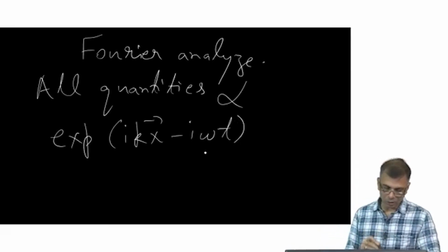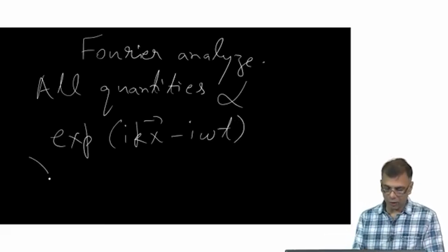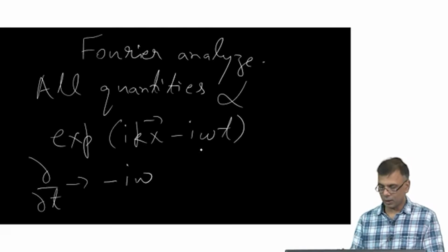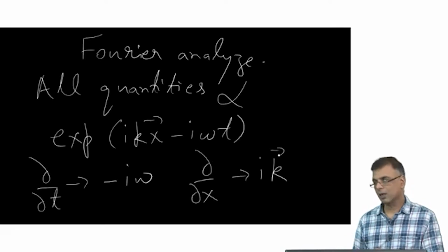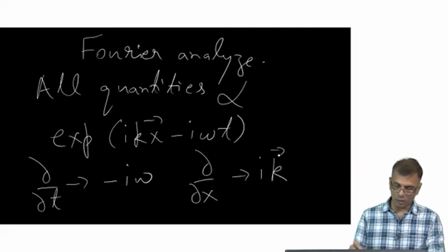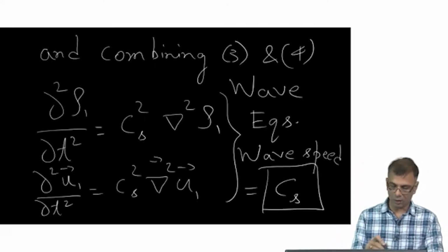As a consequence, any d over dt becomes a minus i omega, and any d over dx becomes an i k. That's how it goes. And using this in these two wave equations, we get the dispersion relation.